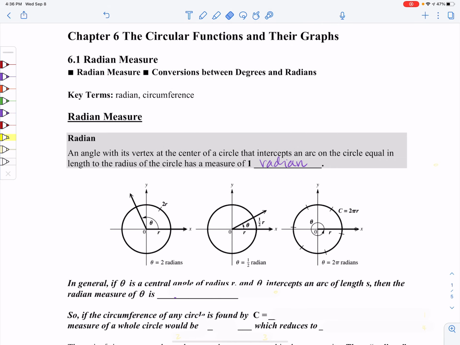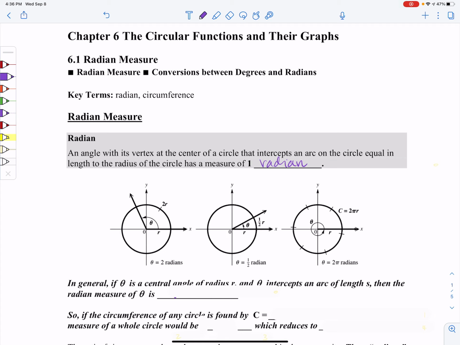You'll see here that I've got 3 different examples. In the first example, my central angle is 2 radians because that arc is the same as 2 radii put together. In the second one, my arc length is only half of a radius.